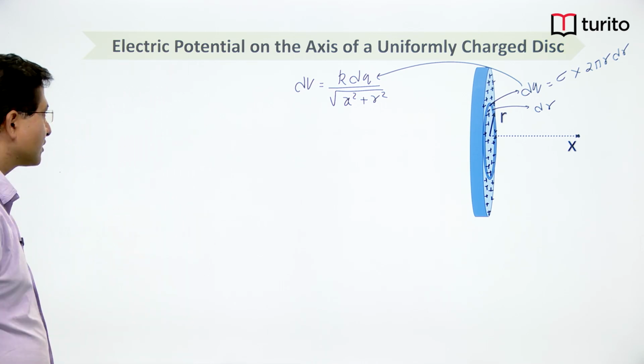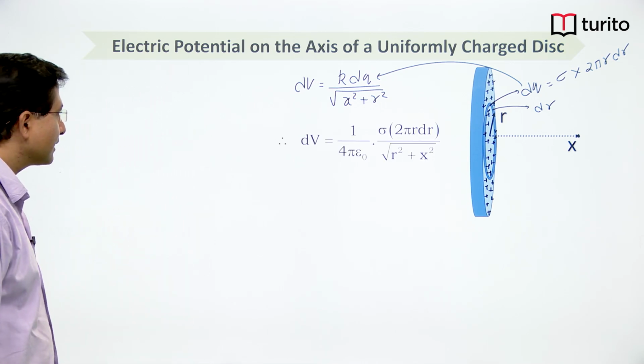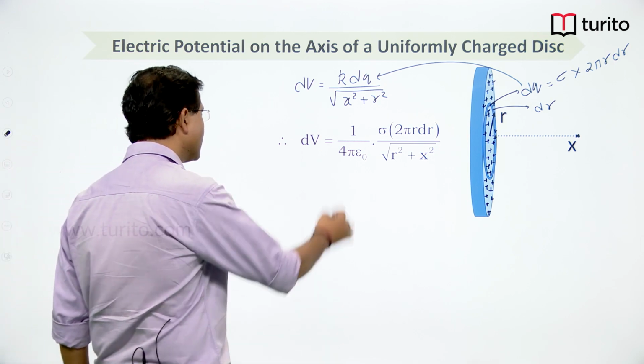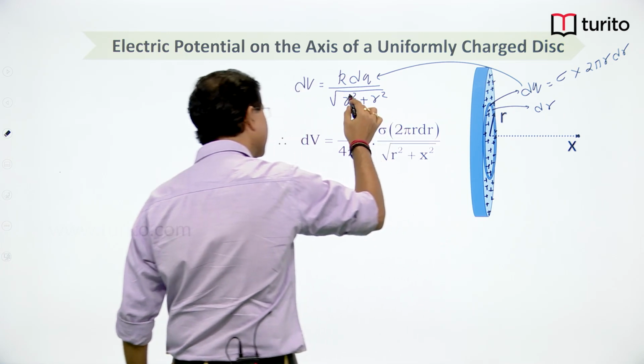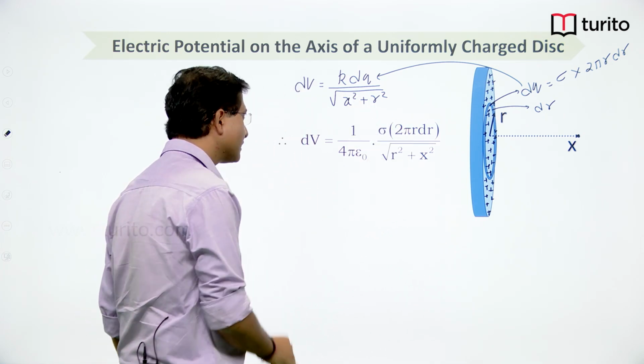So, if I substitute the charge over there, then I will get k, 1 upon 4 pi epsilon naught, dq being sigma into 2 pi r dr, divided by under root this, right.